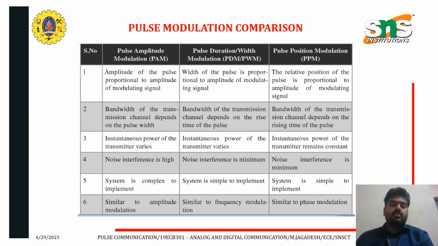We have already seen what PAM, PWM, and PPM are. Parameter-wise, we have some comparisons. In case of PAM, the bandwidth of the transmission channel depends on the pulse width. In case of PWM, the bandwidth of the transmission channel depends on the rise time of the pulses.